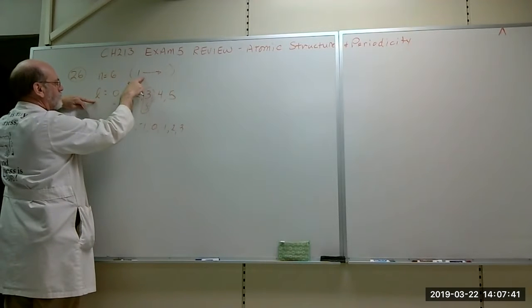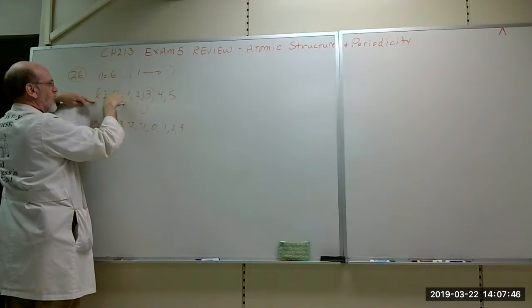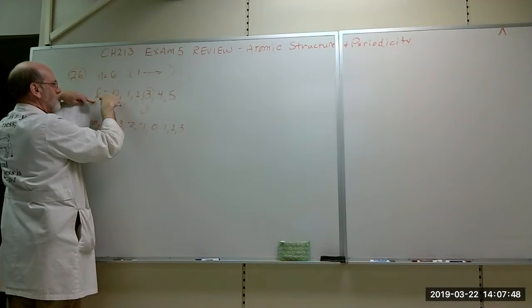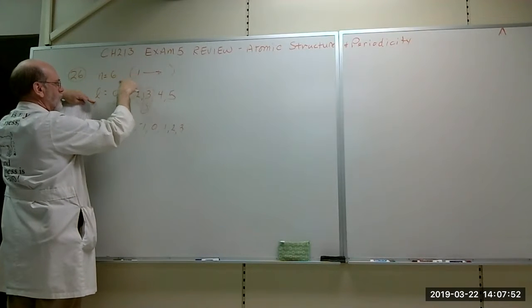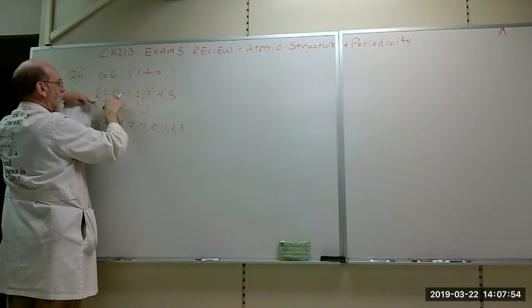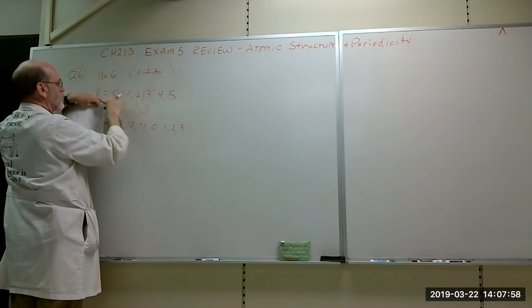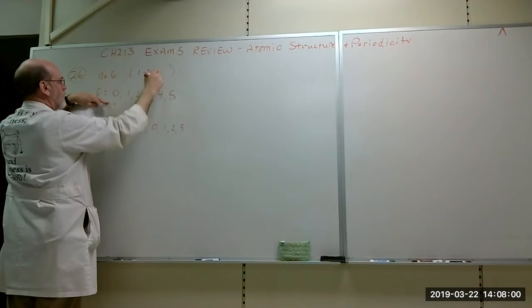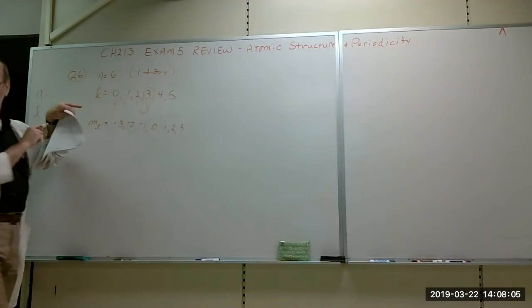So for 1, L can only be 0, because you can only have as many L's as you have number here. If this were 2, you could have 0 and 1. If n equals 3, you can have 0, 1, 2. If n equals 4, you can have 0, 1, 2, 3, because it's 1, 2, 3, 4.